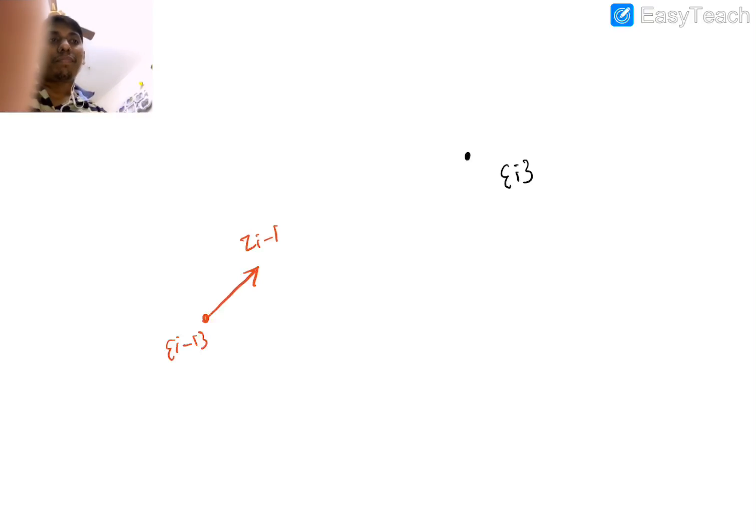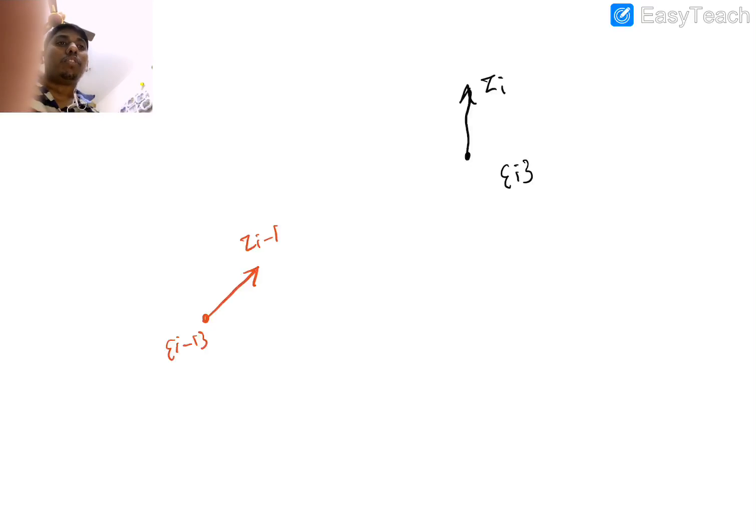Okay, so I am showing the red one as my i minus 1 frame, and in order to give clarity, the black color is i, and this is Zi.